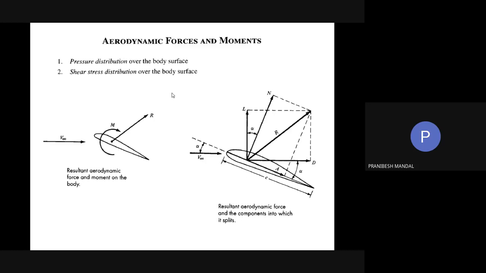V infinity is the actual velocity of air at that moment minus the velocity of the airplane, something like that. The relative velocity of air with respect to the airplane. So if the air velocity is having turbulence and changing every moment, V infinity will also change every moment. Yes, sir.